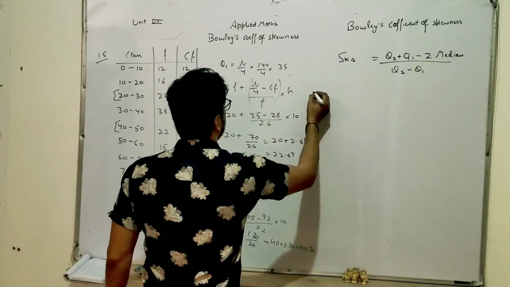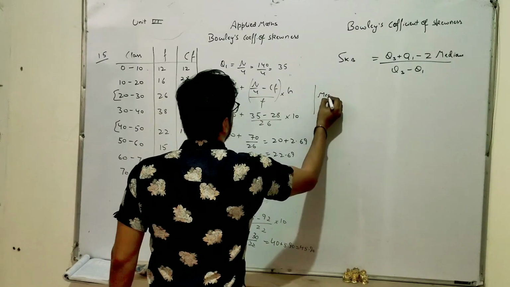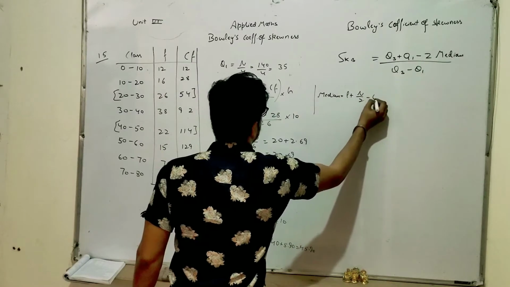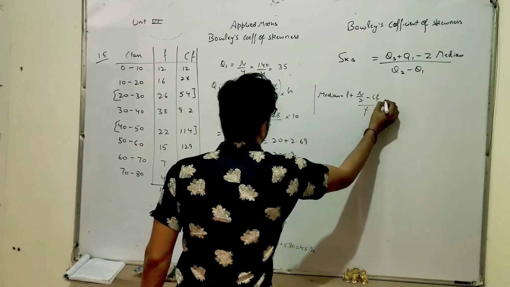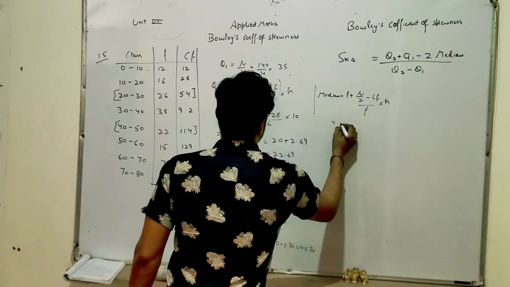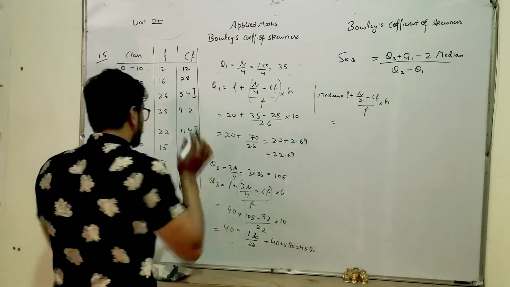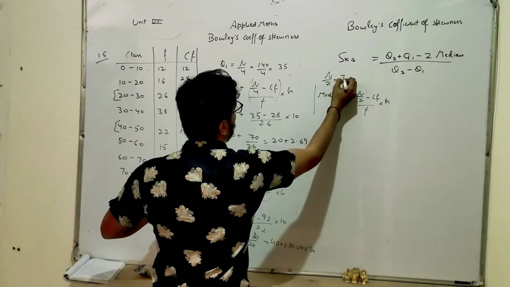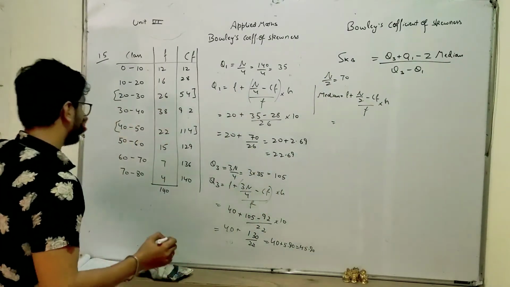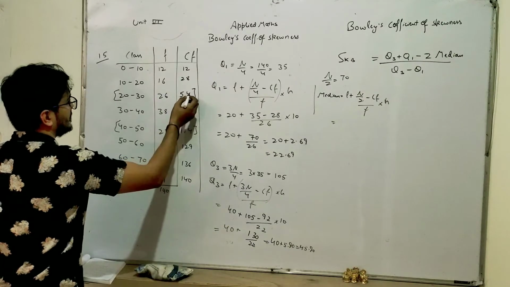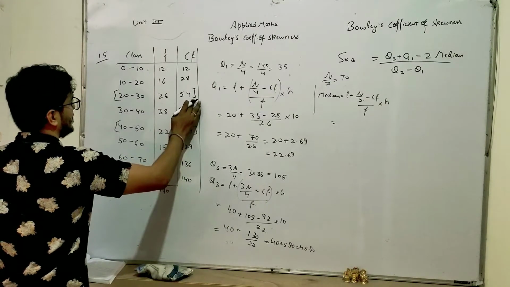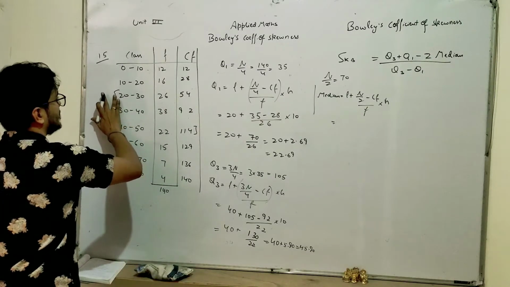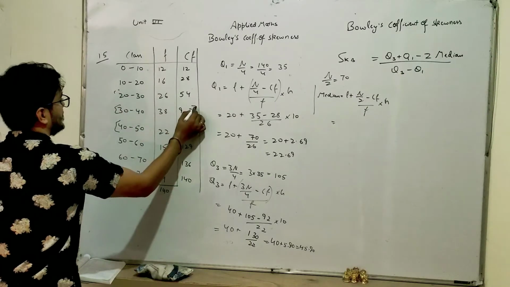So median is equal to L plus n by 2 minus CF upon F multiplied by H. So n by 2 means 140 upon 2, which is 70. So 70 will lie in this segment.